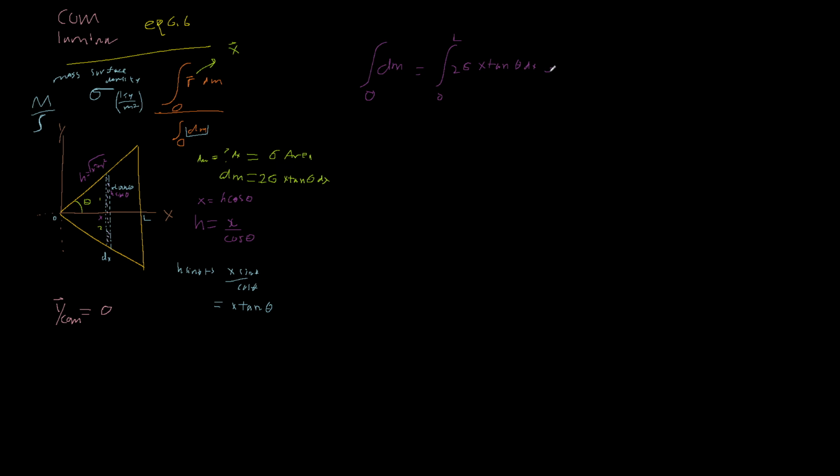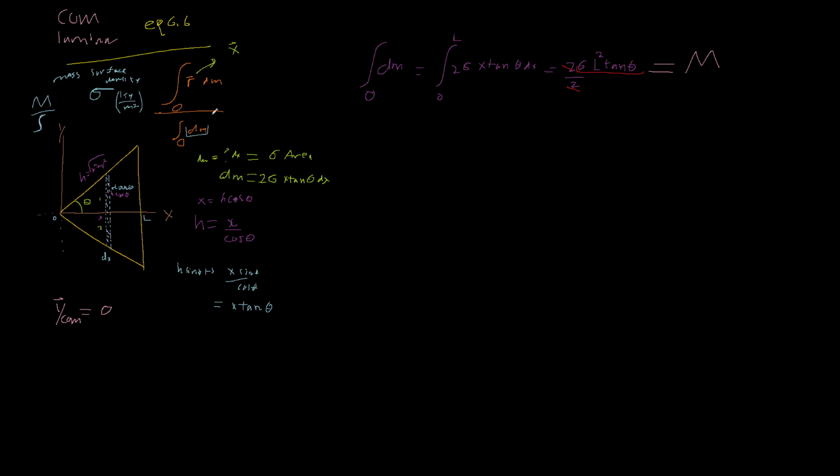And what is this integral? This is 2 sigma times L squared over 2 times tan theta. And so these cancel out, and we are just left with this, which is equal to big M.